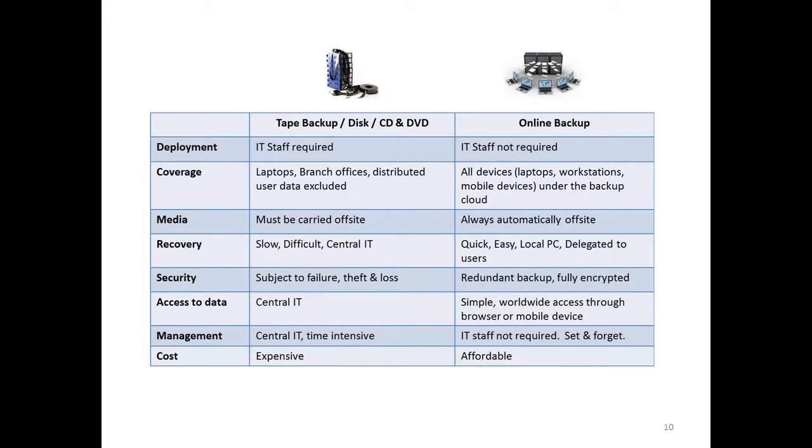IBM estimates that as much as 60% of data in small business in America actually lives on the edge of the network, or what we mean by the edge is laptops in particular, or branch offices. So laptops moving in and out of the corporate network are very rarely backed up. Ask yourself the question, how often does the data on your laptop actually get protected? Generally, any data that's sitting on the server will get backed up, but not actually laptops.